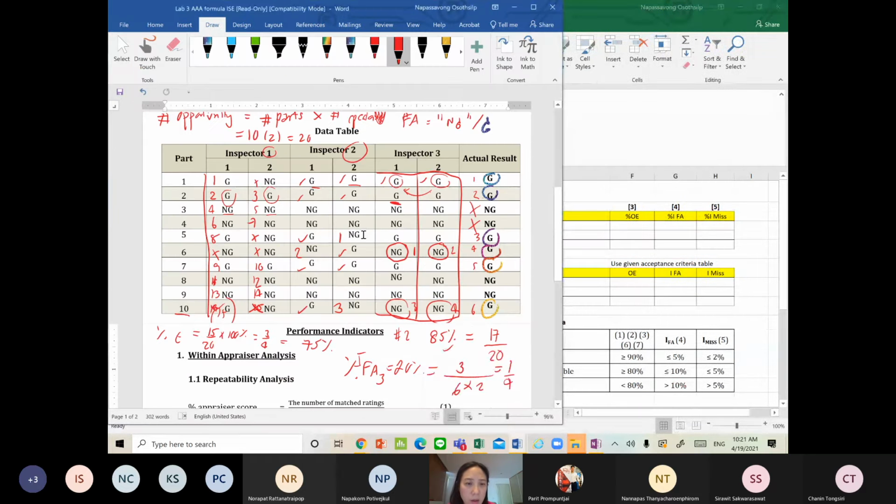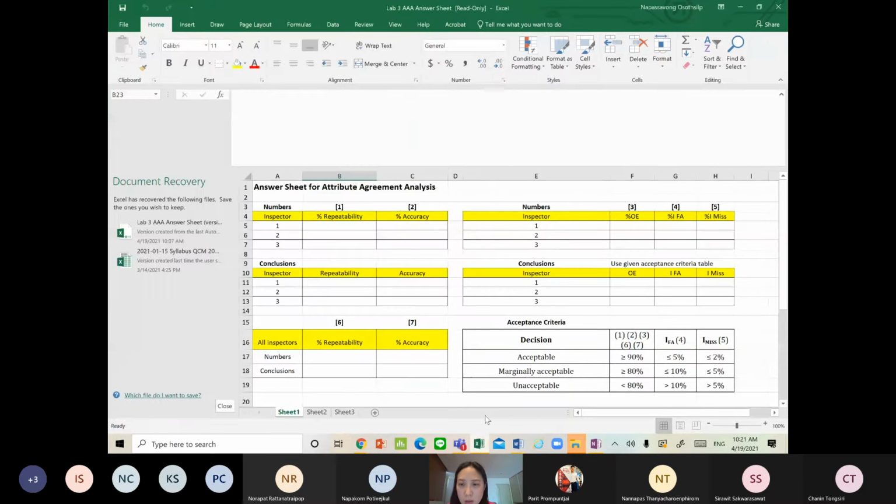I've done operator 2, so as calculated, it is 20% here. Then you have to compare it with the criteria for FA. 20% is greater than 10%, so the conclusion will be unacceptable.